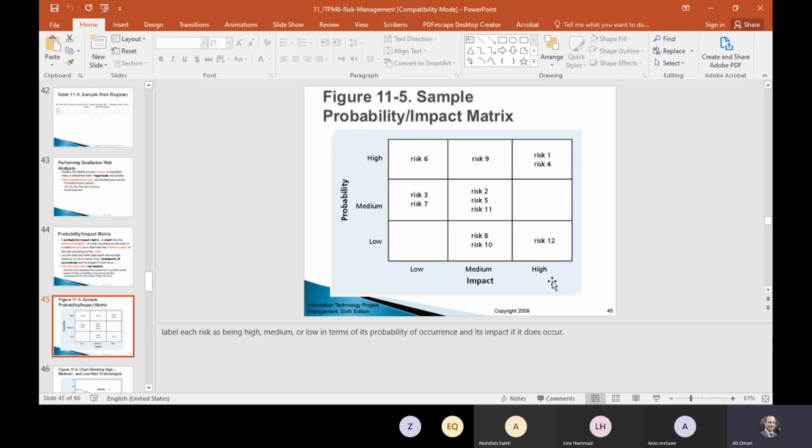And we have a list of risks, and we have to use this matrix to identify where each risk sits. From seeing this matrix, what is the highest risk that you can see based on the probability matrix?